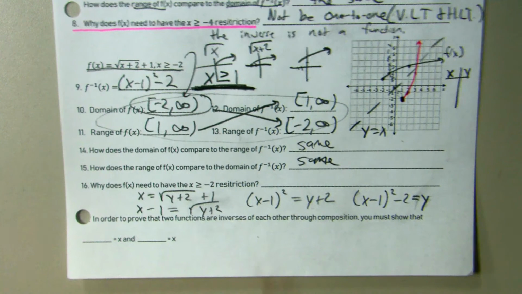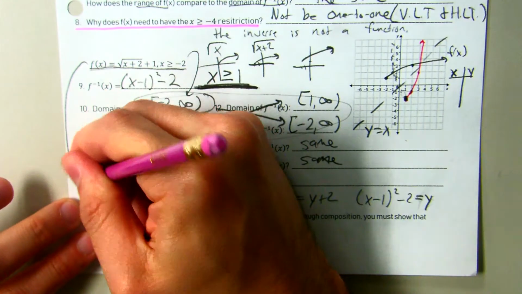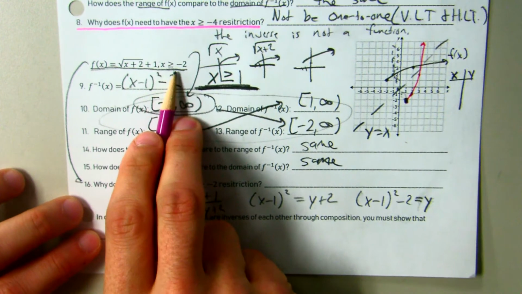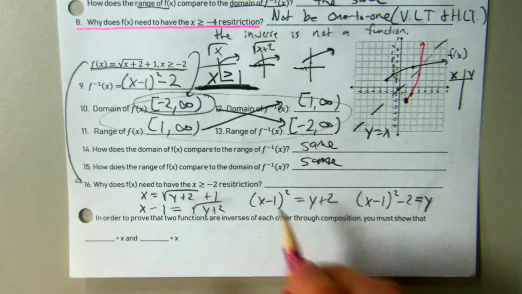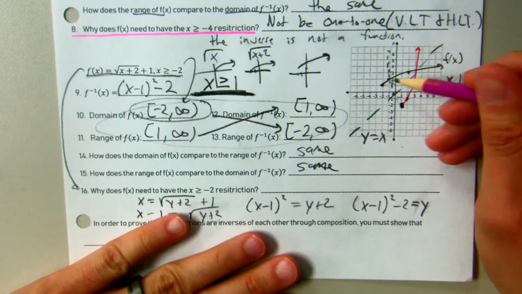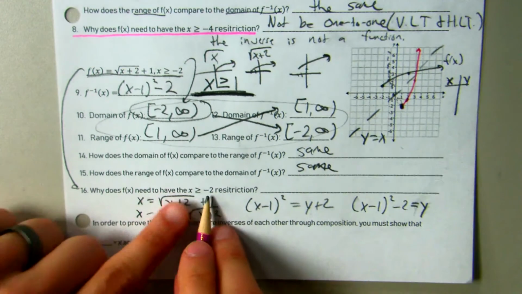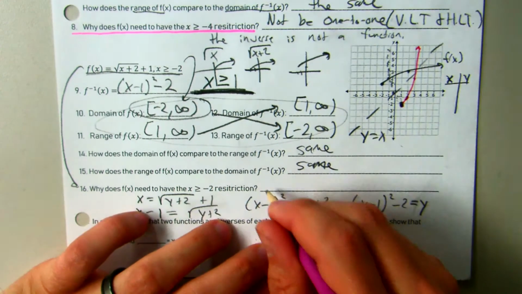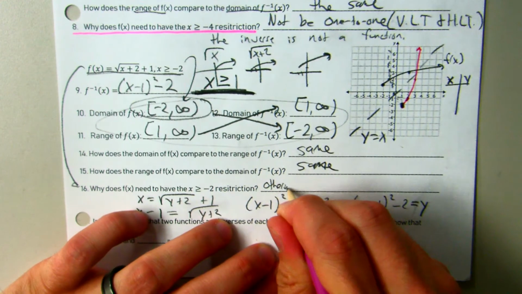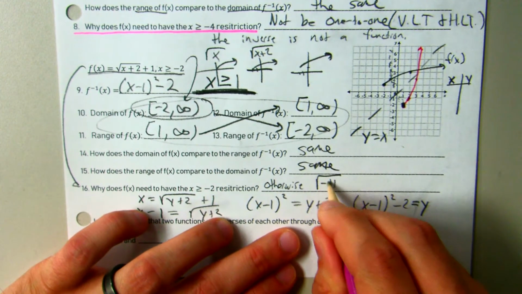Okay, this one has a slightly different restriction. I didn't have to say take the x values greater than or equal to -2. I guess I don't even really need to put this here at all. But because this is already one-to-one, it's not the same reason as question A. But you can only plug in x values of -2 or bigger because otherwise you would take the square root of a negative number.